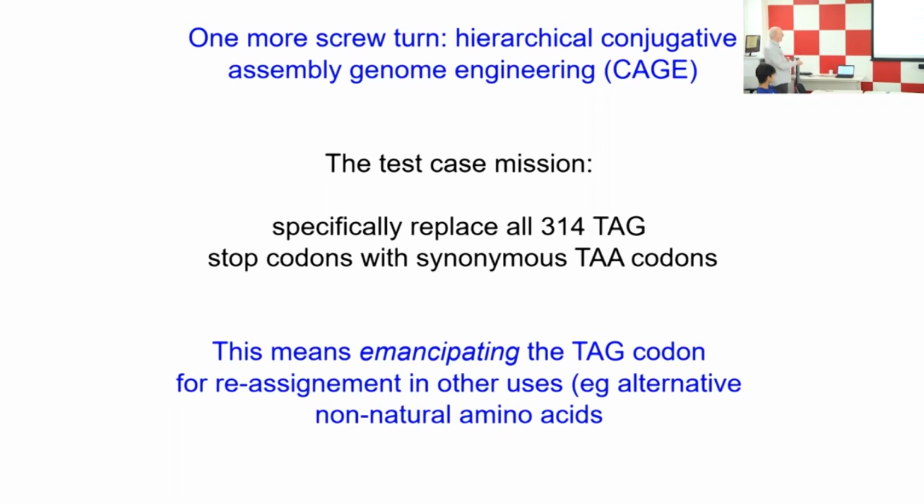This is a term that is called emancipation. Emancipation means to take a codon and stop the meaning of that codon under its natural circumstances, and then reassign it for other uses, for instance, for encoding alternative non-natural amino acids.